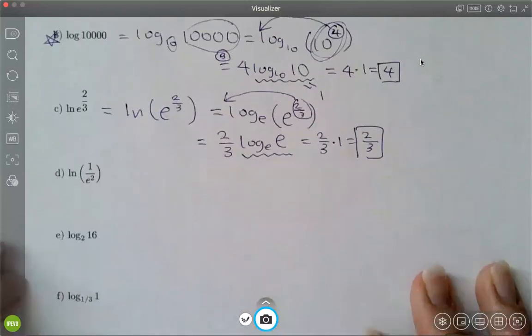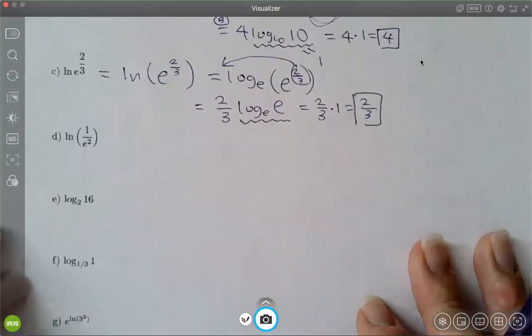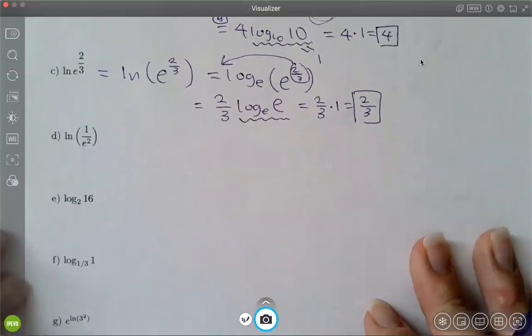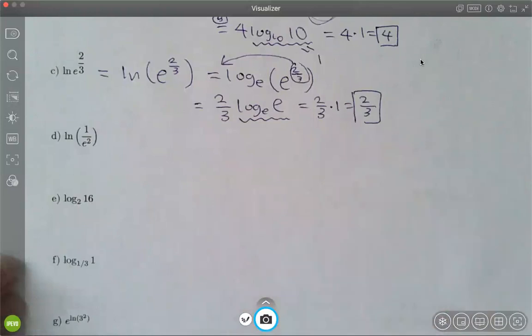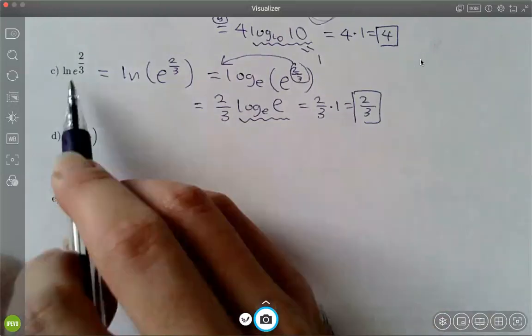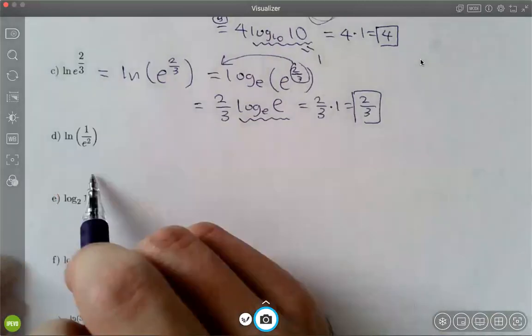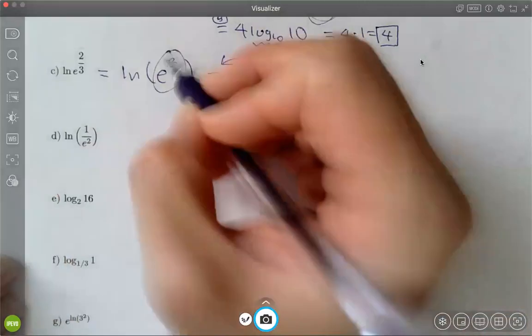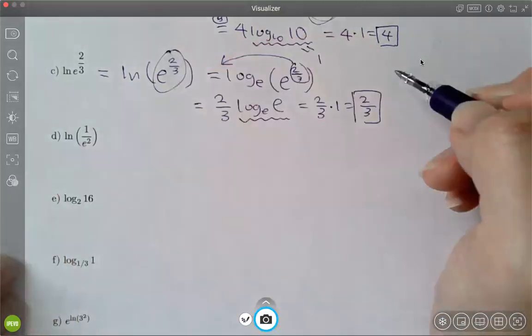Now, part D. ln of 1 over e squared. Here we see an exponent, which is 2. But what's the difference between C, the previous problem, and this D? In C, we had just exponential form within the log.